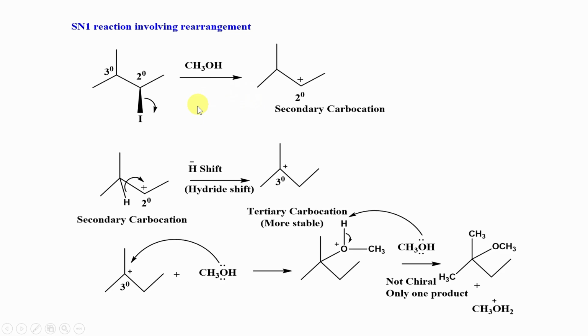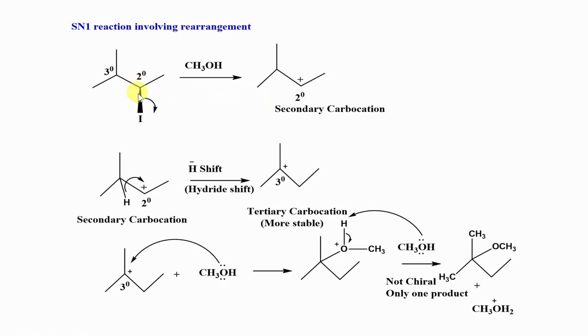If there is a chance for formation of a more stable carbocation from a less stable carbocation formed during the SN1 reaction, either through hydride shift or through an alkyl shift from the adjacent carbon atom, it will form a more stable carbocation. And after that, the nucleophilic attack takes place on the more stable carbocation, forming the product.